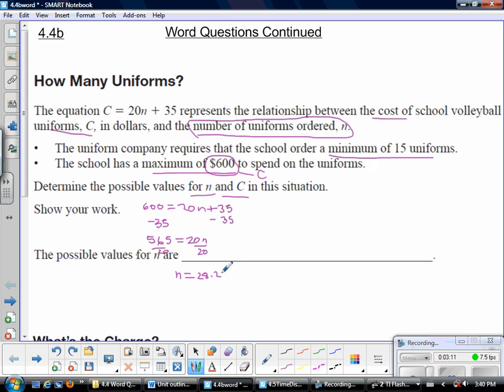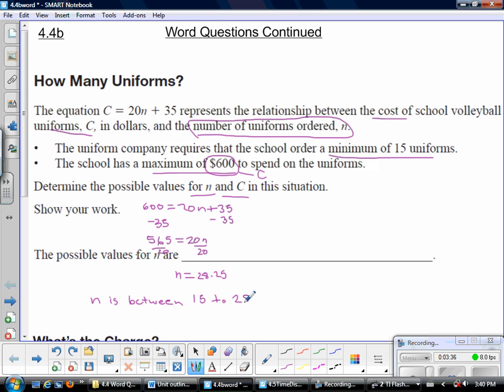So that means if I have $600, I could buy 28 uniforms. So the possible values for N, obviously, I could actually write them. So N is between 15 to 28.